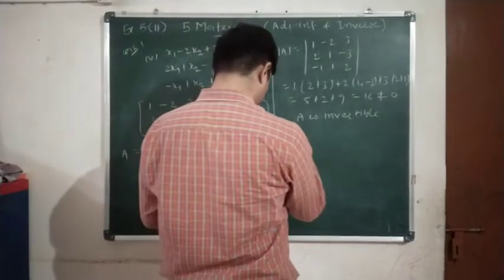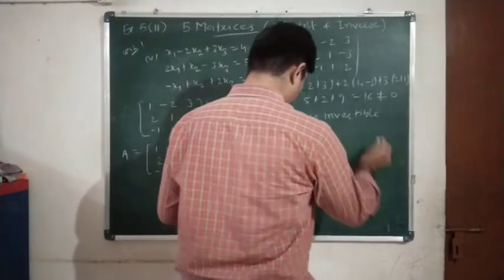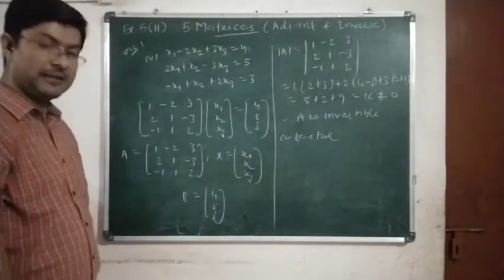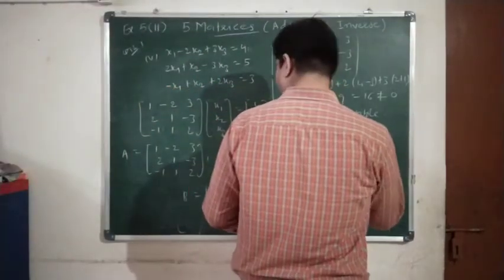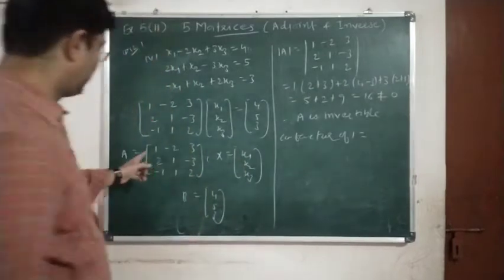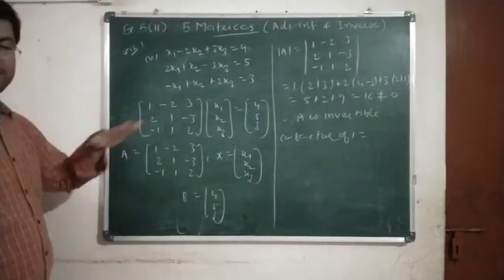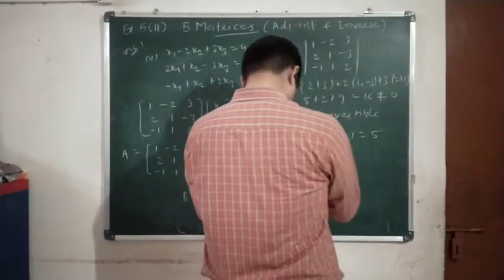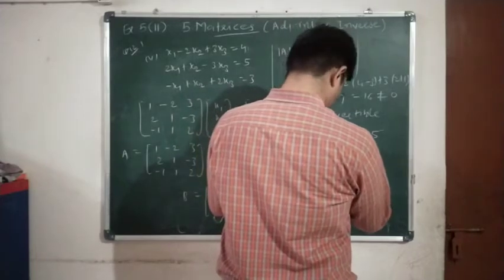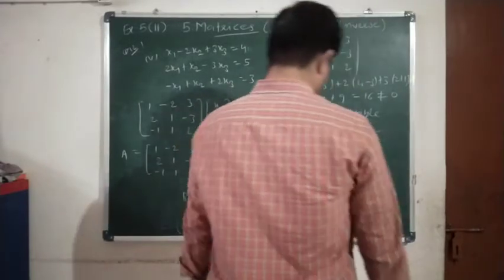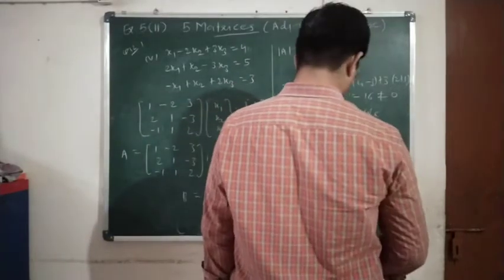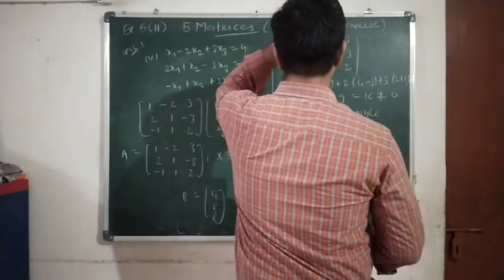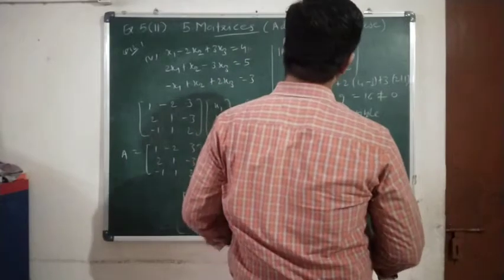Now we'll calculate the cofactors. In order to find the adjoint of A, first we'll calculate the cofactors of each of the 9 elements in matrix A. So the cofactor of 1, we will go row wise, will be 5 only.